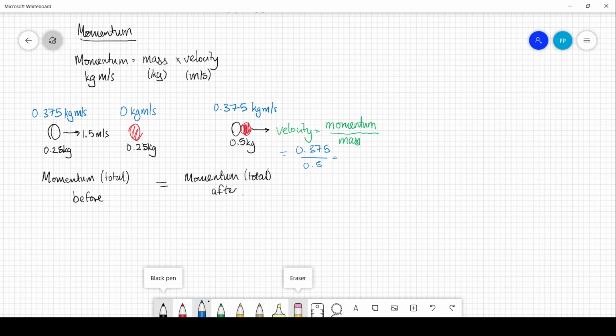This would get, if I'm right, 0.75 meters per second. So that's their speed. But don't forget the direction as well. So 0.75 meters per second to the right.